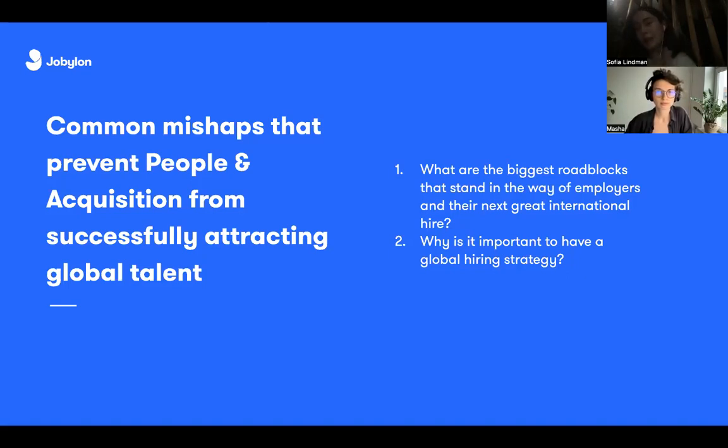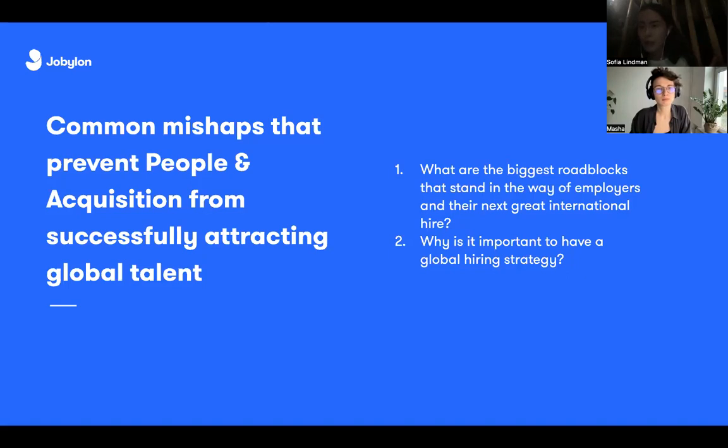putting out hiring strategy, what are your thoughts on what's important to think about when we're setting the strategy, and especially when it comes to global? Because we know our local candidate pool, we know the websites where we put out our job ads, they're more well known for us, but when it comes to putting ourselves out there globally, it's a whole new world, and it's a big world.